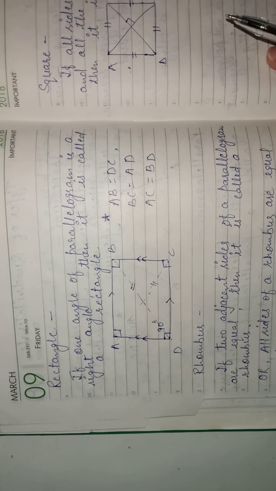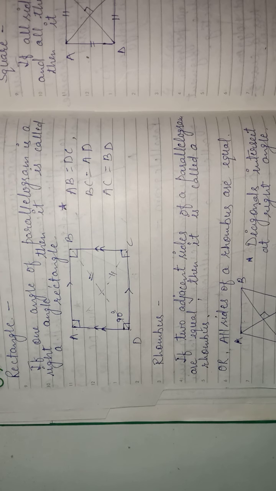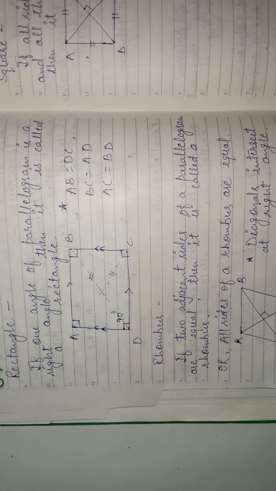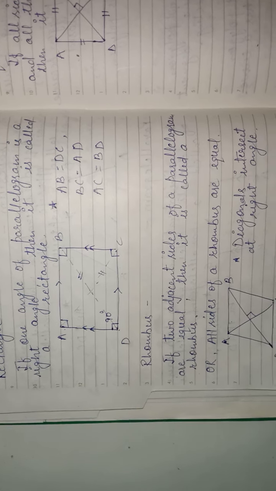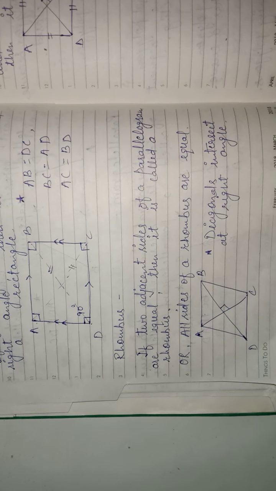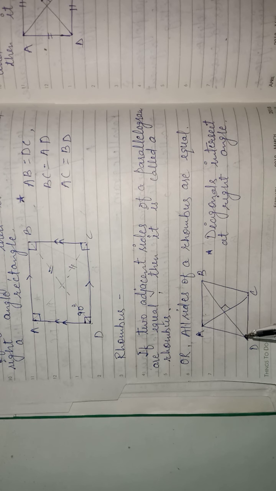Now rhombus. Students, a rhombus is a parallelogram. We can say that if all sides of the parallelogram are equal, obviously they are parallel to each other, but when all sides of the parallelogram are equal, this quadrilateral is a rhombus.